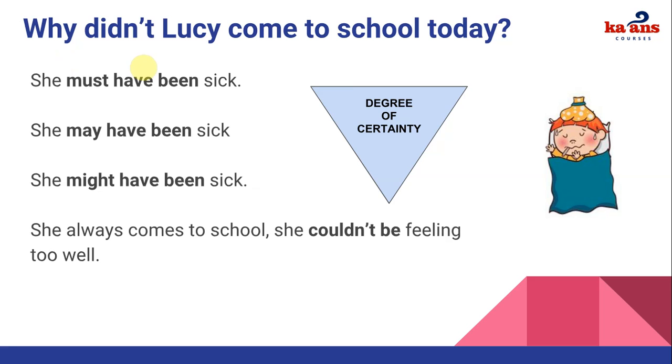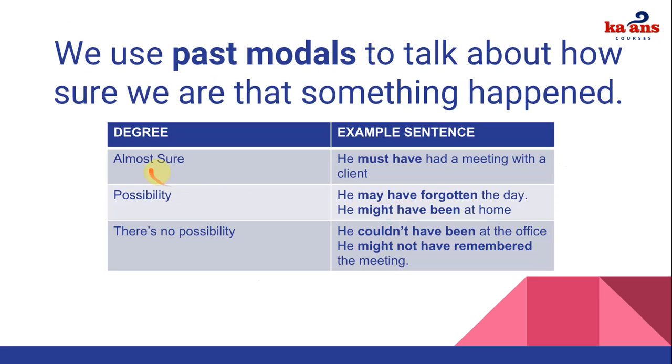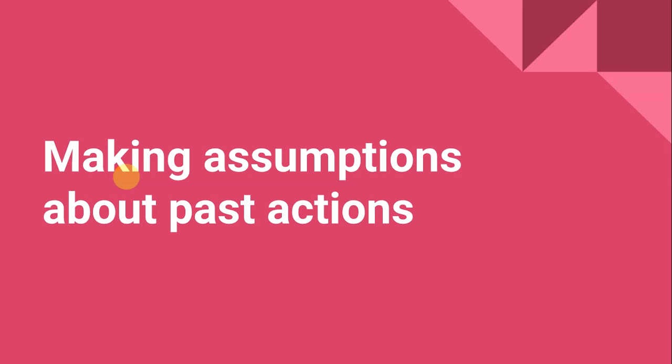So everybody starts talking, and maybe one student says, well, she must have been sick. In this case, remember, we have must have. So again, the degree of certainty is the highest and it goes lower. Remember, must have is for something that you're almost sure about. That's right.